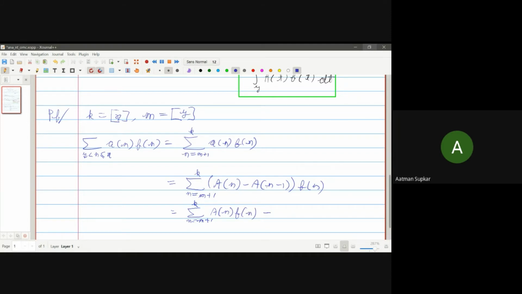Yeah, basically just breaking the bracket, taking this term here, taking this term here. Minus summation n equals m to k minus 1, a n f n minus 1. Wait, no, a n f n plus 1.